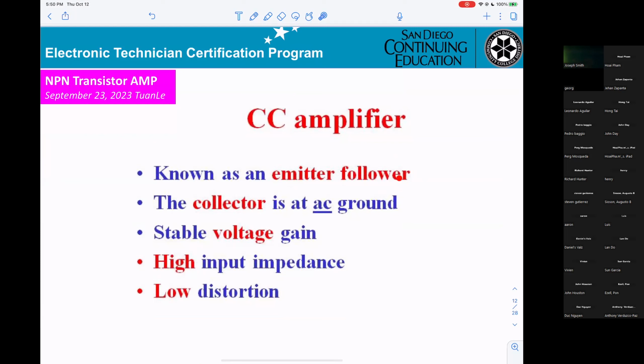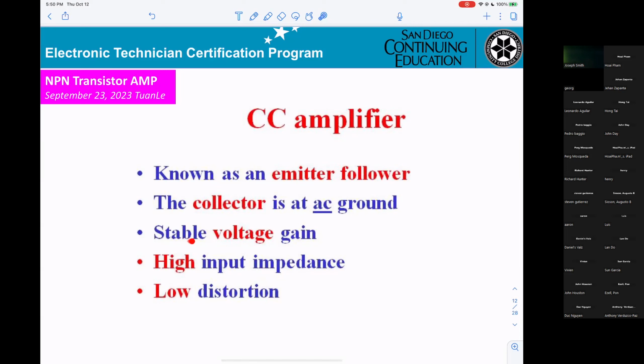So common collector, they get two names. One they call a common collector. Another name will be emitter follower. And you know the collector is AC ground. That's what the common collector is. Common emitter means the emitter is AC ground. Common base, the base is at AC ground.